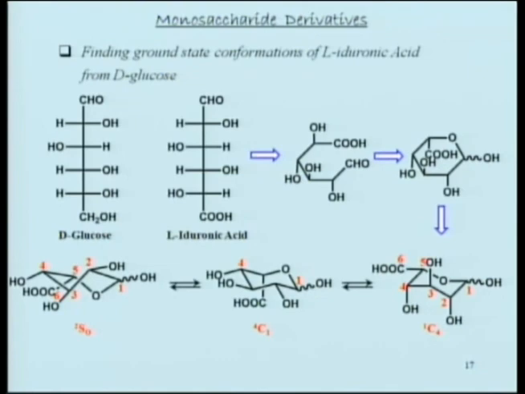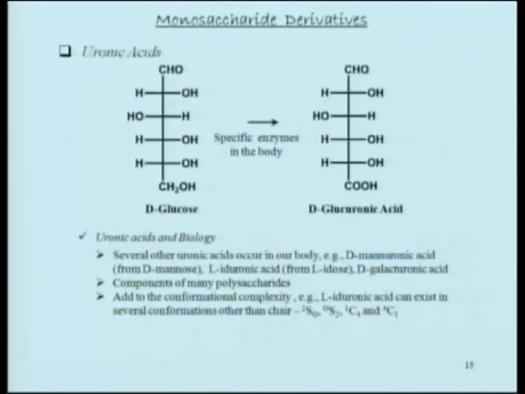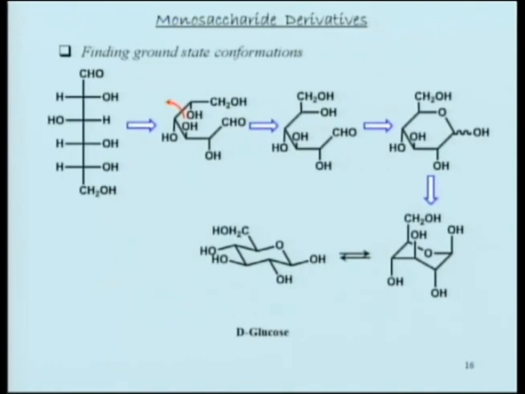So let's go back. I want to show you how you actually find the ground state conformation based on the open chain form. So this is connecting the open chain form with the closed form.